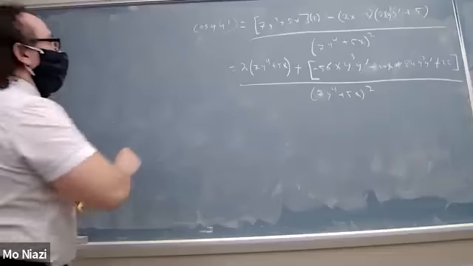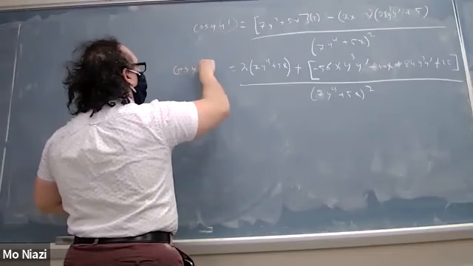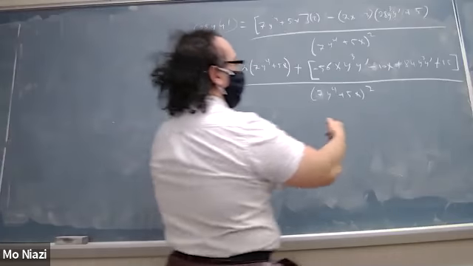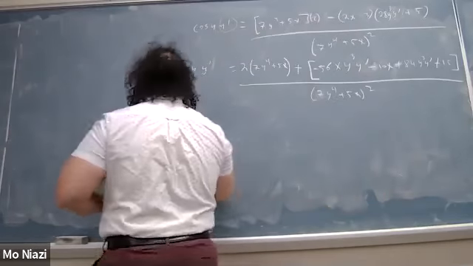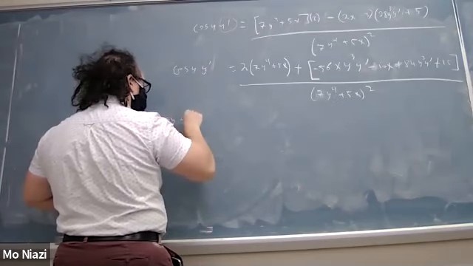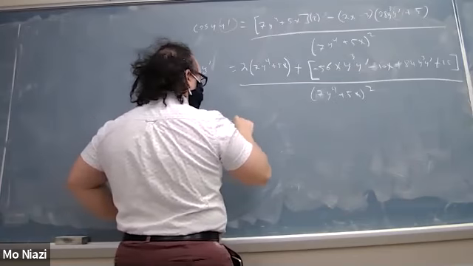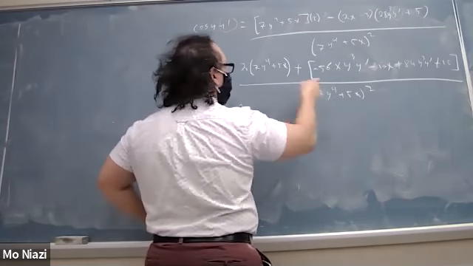Okay. This is equal to cosine of y prime. So we multiply both sides by this. So we get cosine of y prime times 7y to the 4th plus 5x, everything squared, is equal to this.